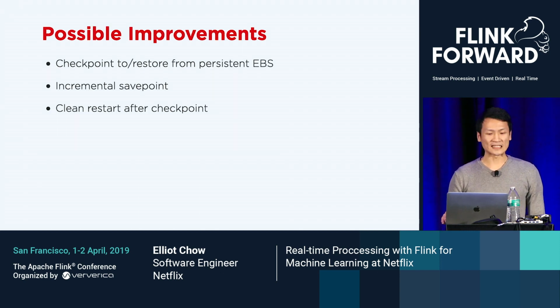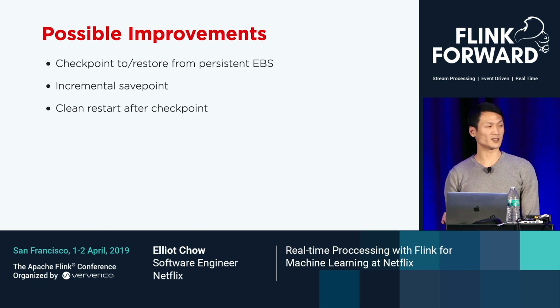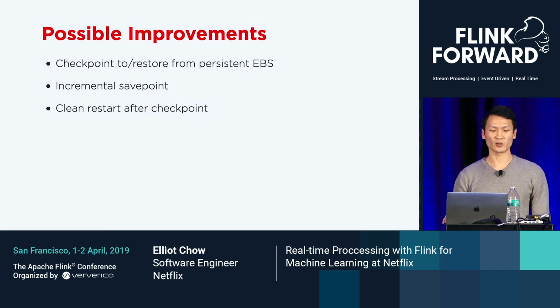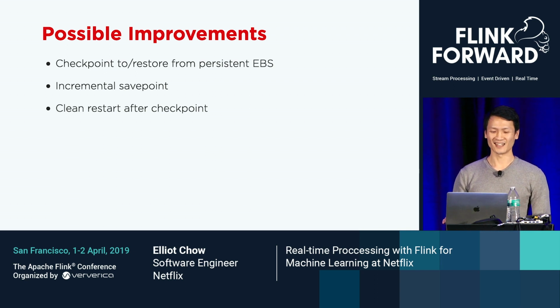So a couple ideas, again, for improving. We're already using EBS for our local disk, so if we were able to use a persistent EBS, then we can actually save the extra S3 copy that we're currently doing for the storage of our checkpoints and savepoints. If we can get incremental savepoints, that would be even more awesome.